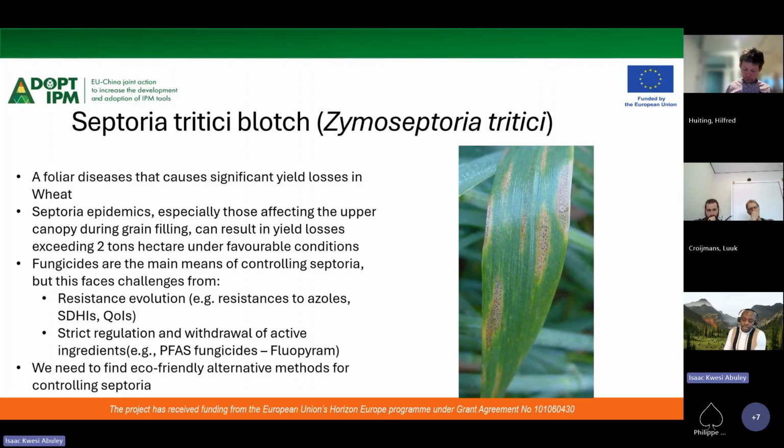Septoria epidemics are very problematic. They cause massive yield losses, especially when the attack is severe during the grain filling period. Under favorable conditions you lose about 2 tons, which translates to about 28 to 30% yield loss. That is very significant.